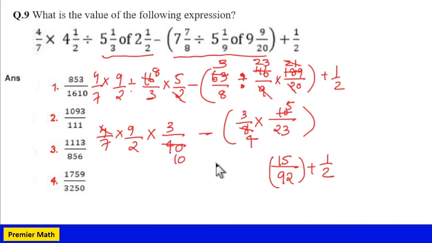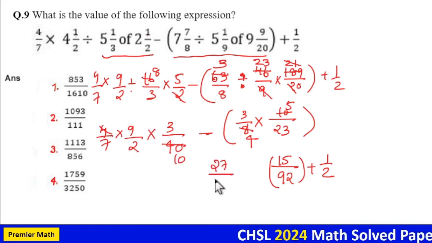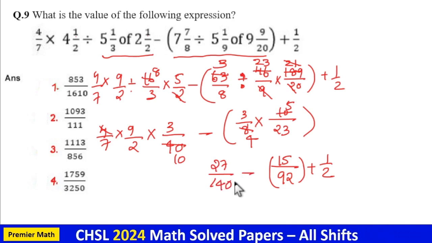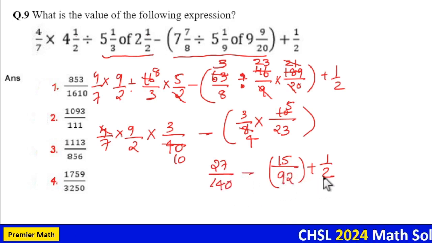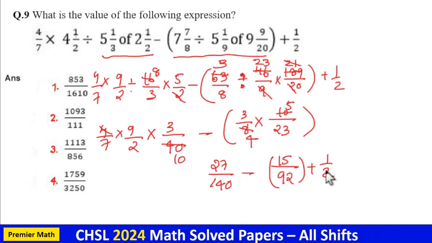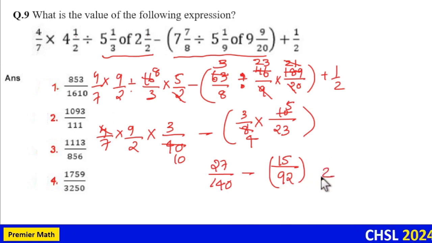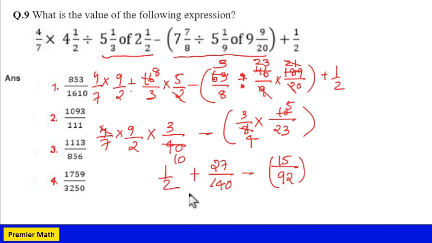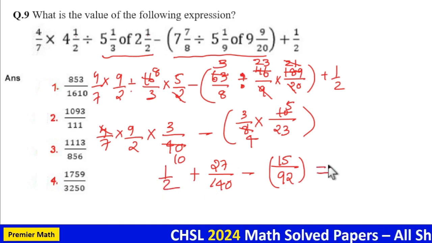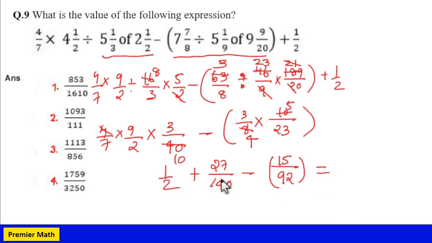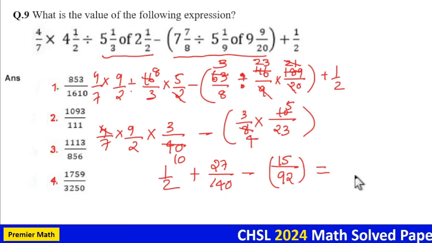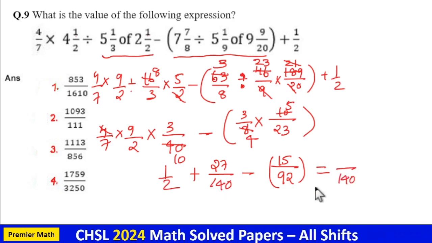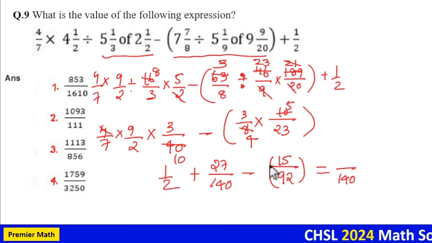So, this will become 27 by denominator 140 minus 15 by 92 plus 1 by 2. Now, I will write this 1 by 2 here. Now, solve this. So, this will become 1 by 2 plus 27 by 140. Take 140 as denominator. Now, 2 goes 70 times in 140.